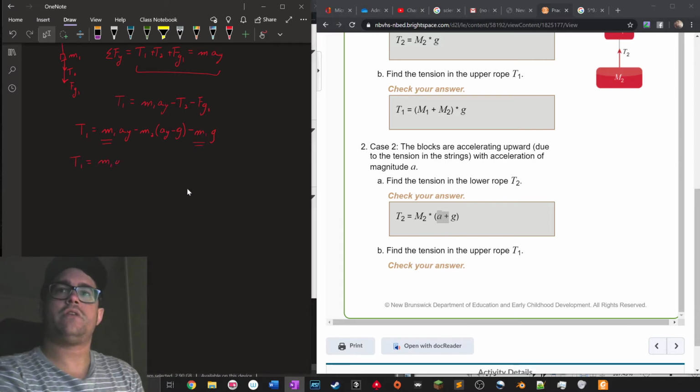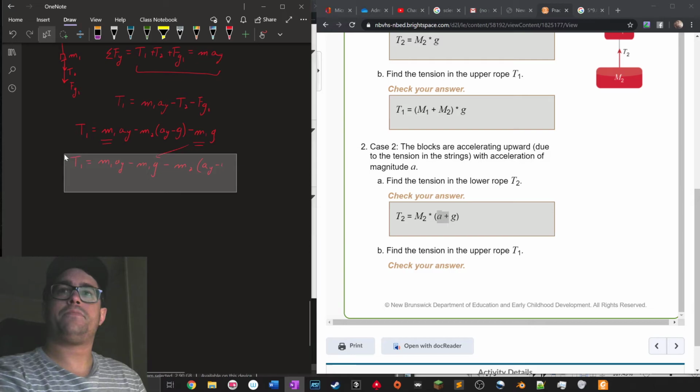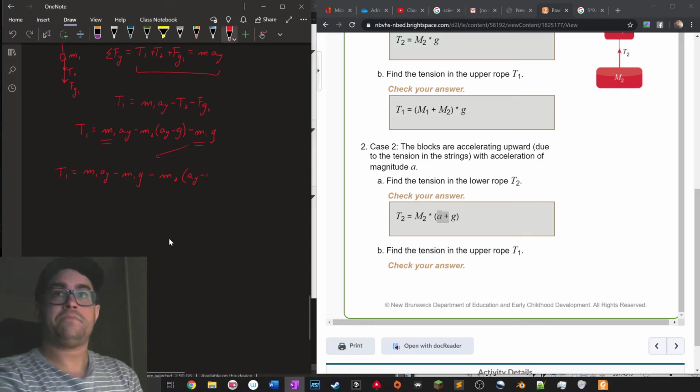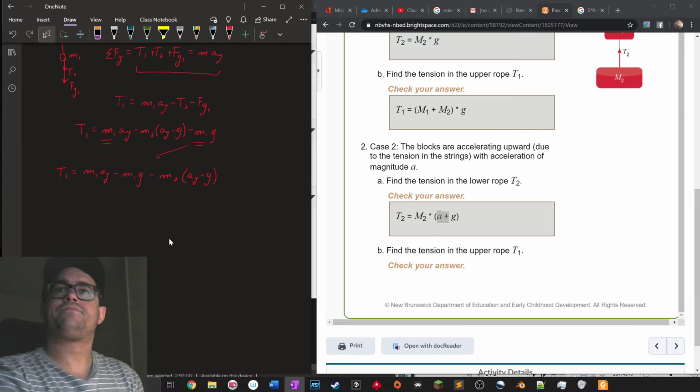M1 (a_y minus g), this first part, minus, I'm going to take that second part, M2 (a_y minus g). Why are we doing this? This is so crazy. It's fun though.